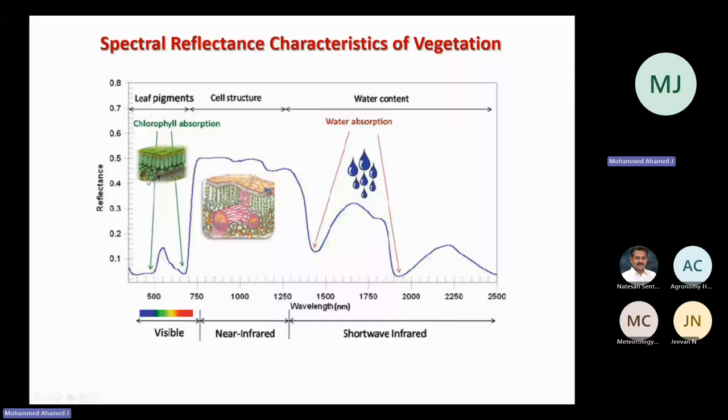Because of the intercellular spaces and the cell structure of a leaf, as well as the canopy architecture, we have very high reflectance in the near infrared region, and the spectral absorption features here are because of the water content. So these are some of the characteristics of typical vegetation.